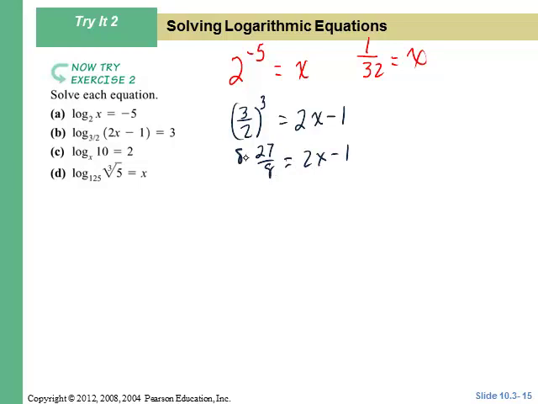Add 1 to both sides, that's 8/8. So 2x is 35/8, so x is 35/16.